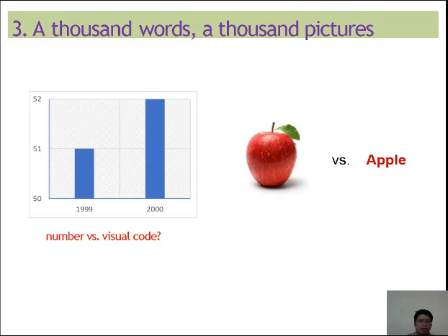One example here: number versus visual code. There are two examples. On the left you see a bar graph, on the right you see a picture. Which do you think communicates better, and for what purpose? Please leave a comment on YouTube or in the discussion section.